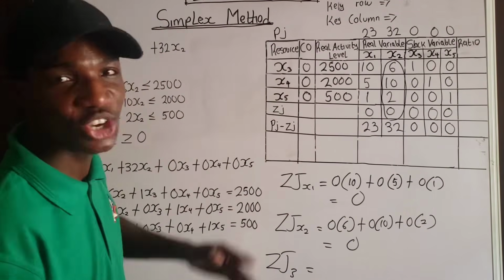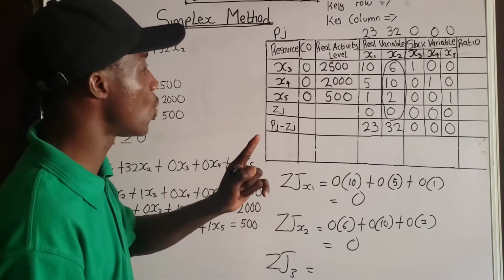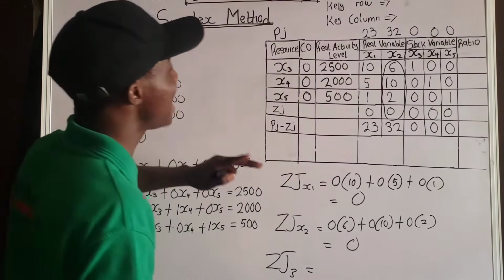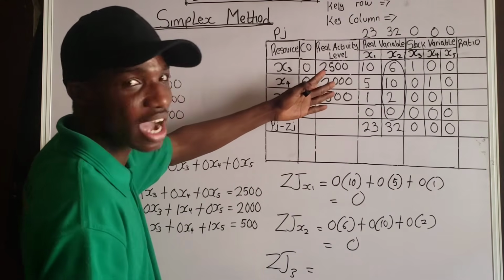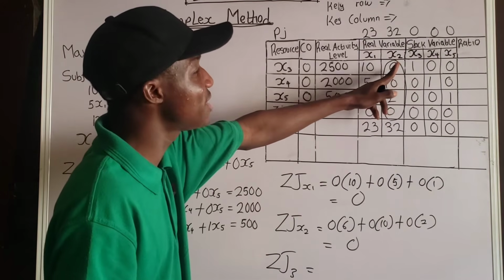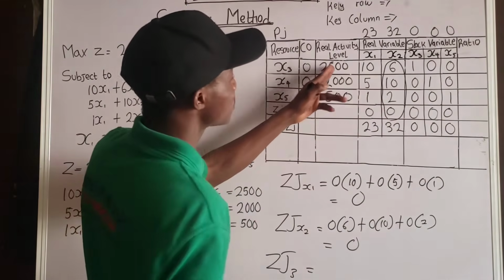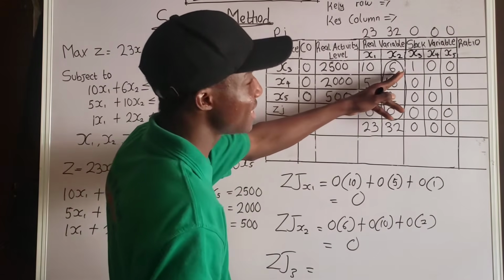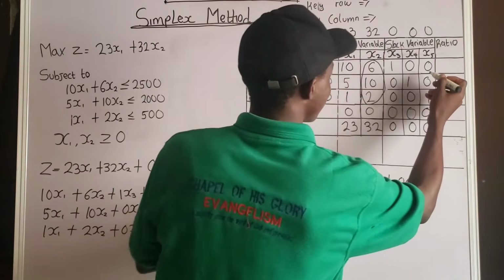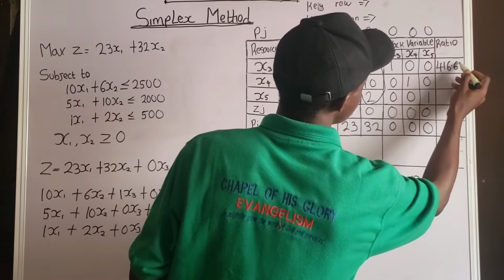How do we get the key row? The key row is gotten by first taking the ratio. How do we get the value of this cell, which is the ratio? We divide the real activity level, which is the output of each constraint, by the corresponding value of the key column. So for these cells, I'm going to have 2500 divided by 6, that is 416.67.